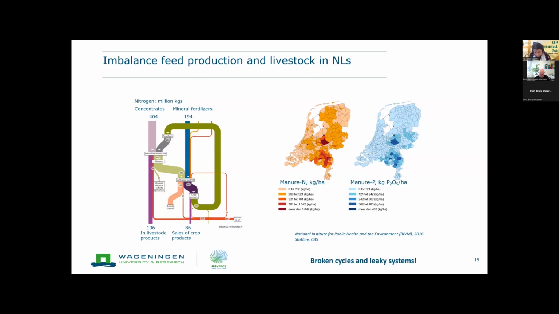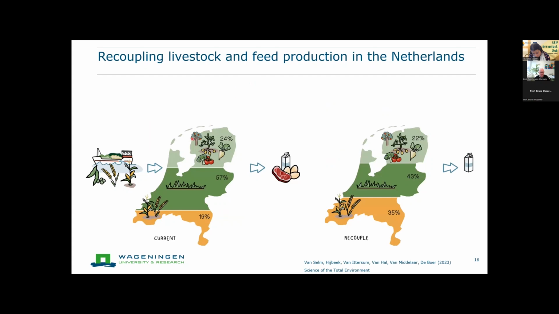So one of our hypotheses, and that is really the final part of my presentation, that we tested in the work of Ben van Selm, is what happens if we re-establish a link between feed production and livestock production. So stopping the feed import from abroad and only raising livestock in the country by producing the feed within the country.